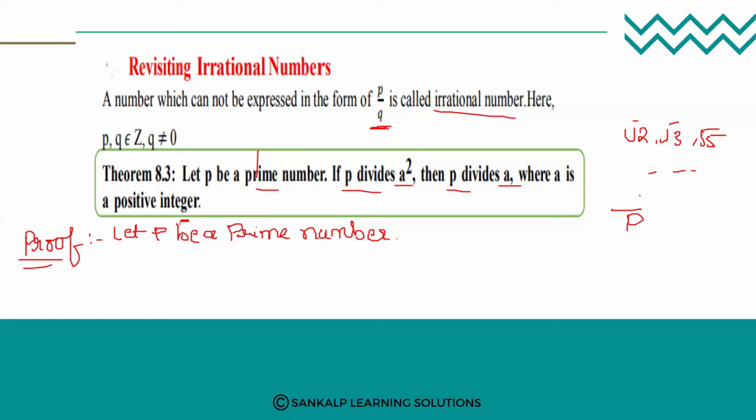If P divides A square, then obviously P divides A. Here A is any positive integer and P is a prime number. Any positive integer means it may be 1, 2, 3, 4, like this.